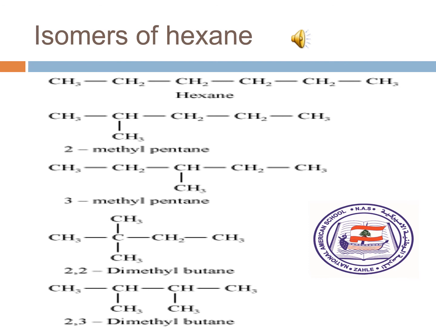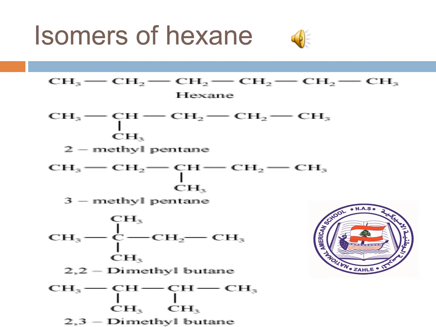Now when the options with the pentane are all over, we move down to butane. Once you have the butane as the main chain, you need 2 more carbons to place. You can't place these 2 carbons at the extremities of the butane. So we have the second carbon to place them on.